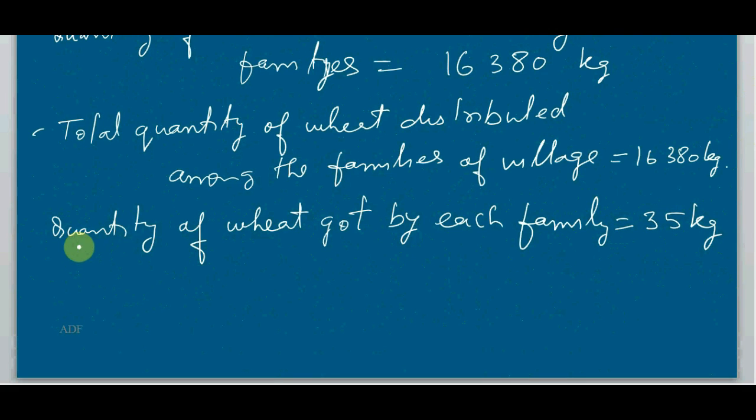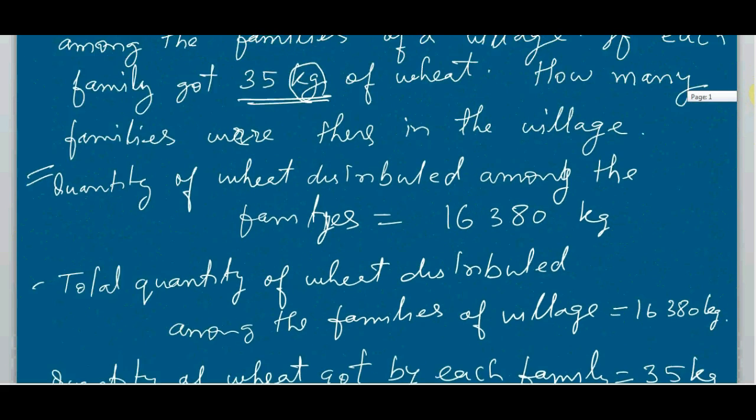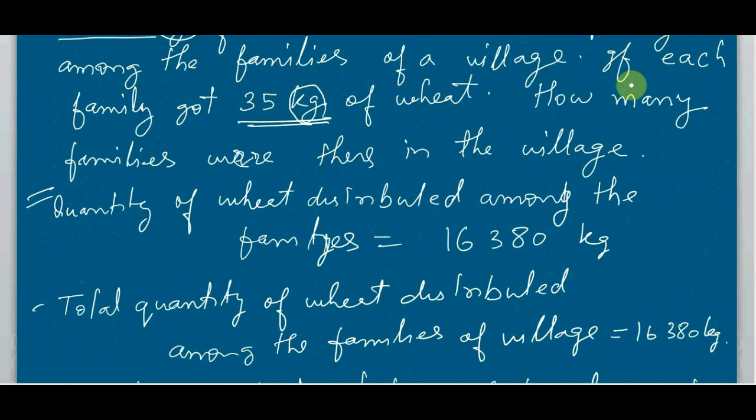Quantity of wheat got by each family, because it is written here that each family got 35 kg of wheat. So what I have written here is quantity of wheat got by each family.